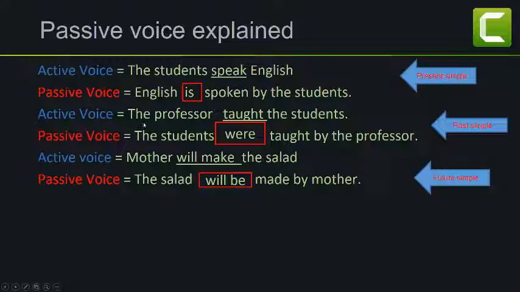The next sentence, the professor taught the students. And this sentence is in past simple because we see the verb taught. It is the past simple form of the verb teach. So our verb to be will be in the past. Again, we take the object, the students, and put it in the first place.